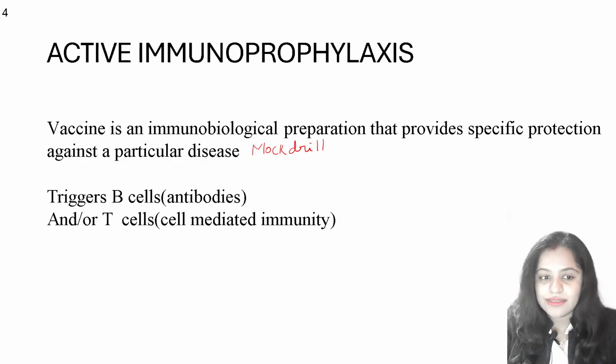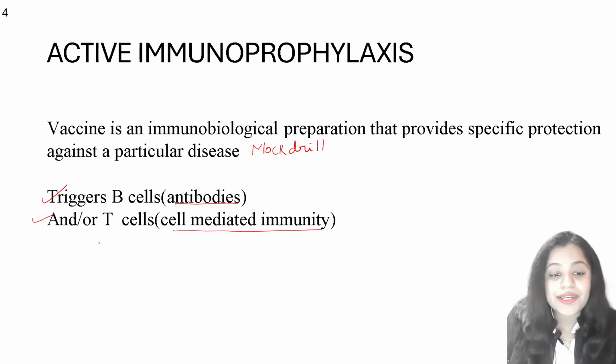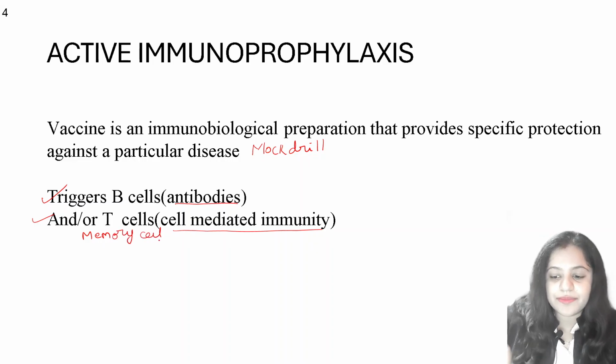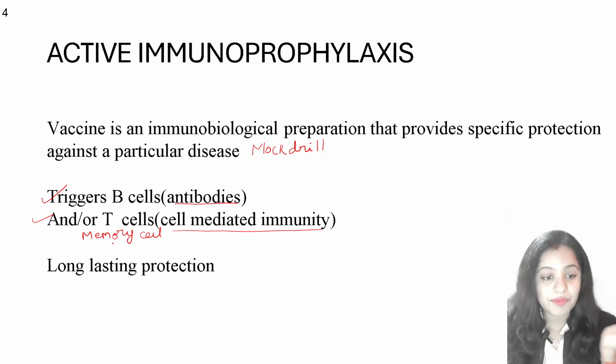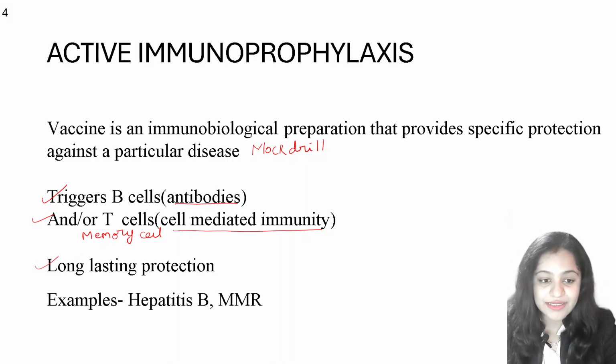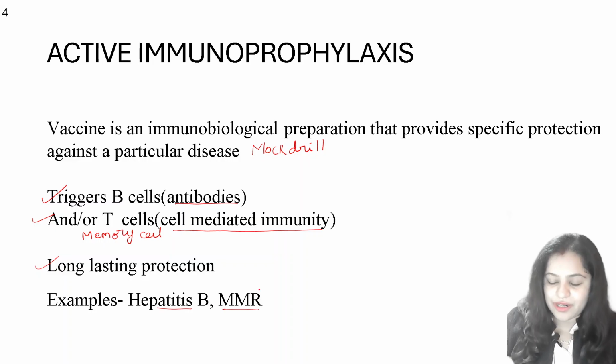So, what all it does, it triggers your B cell, that is by producing antibodies, and also T cell, that is cell mediated immunity. Now, it also triggers your memory cell. Because of this, there is long lasting protection. The example of active immunoprophylaxis include hepatitis B and your measles, mumps and rubella vaccine.